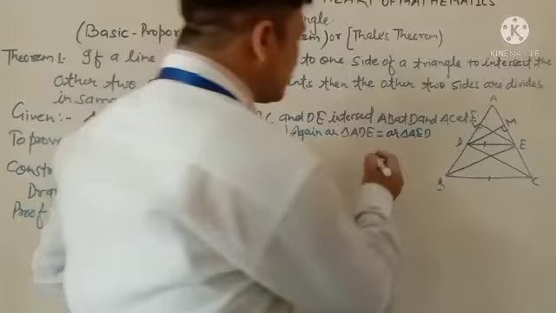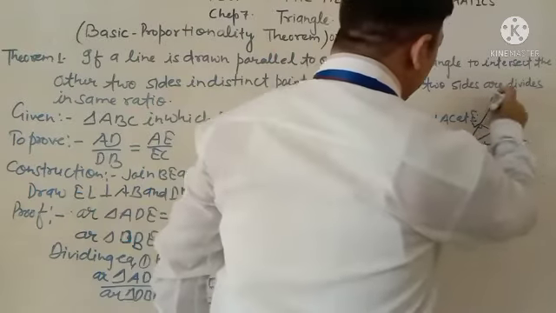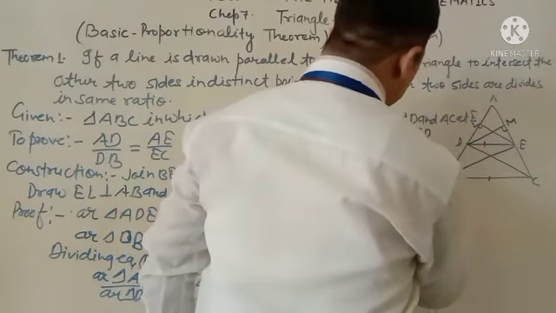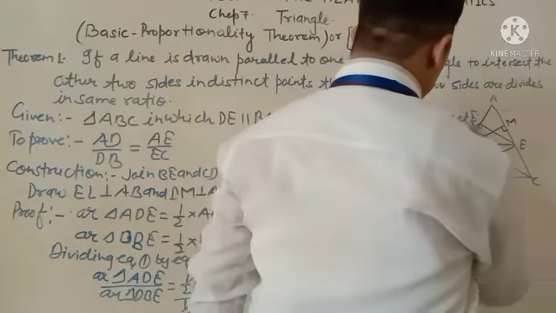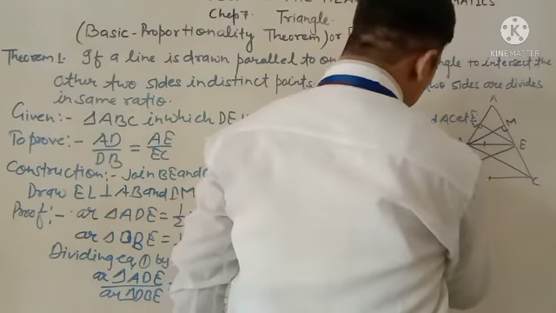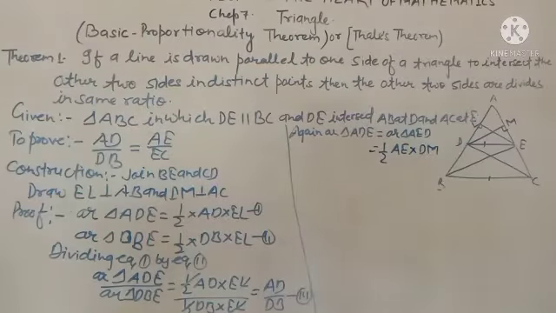This can be written as half, taking AE as base and DM as perpendicular. This is half AE into DM.